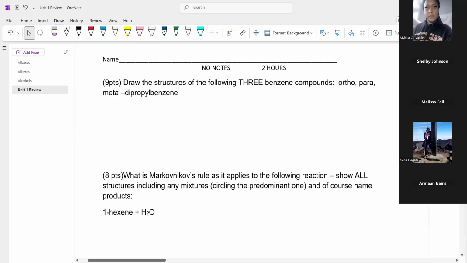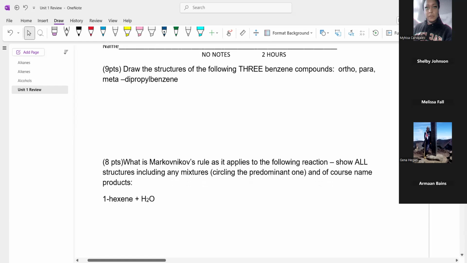And I don't believe we touched upon this either. Did I go over ortho, para, meta with you guys? No, I don't think so. Basically, and this won't be on the test, it's another way to name benzene compounds.